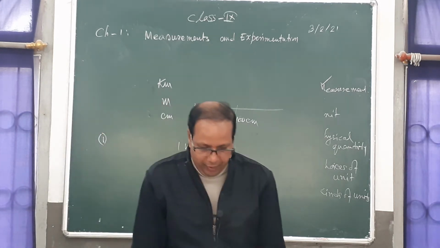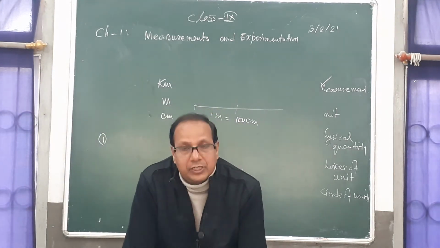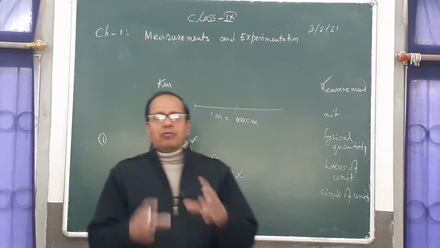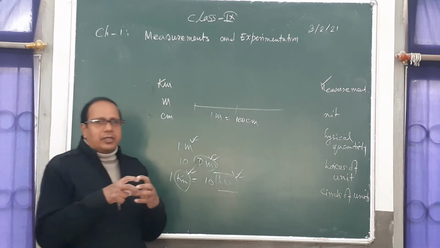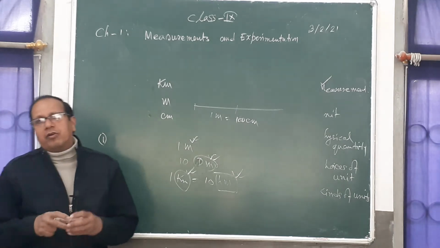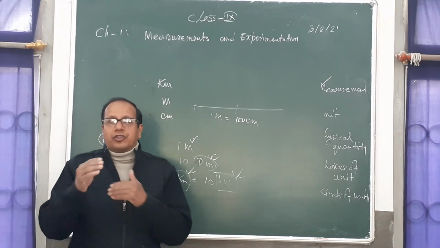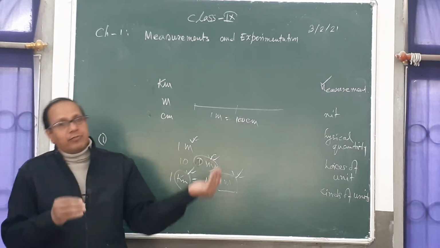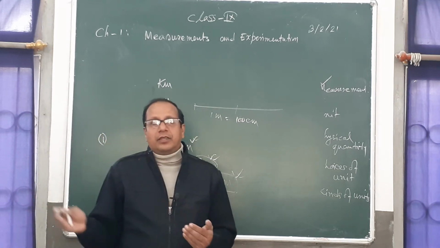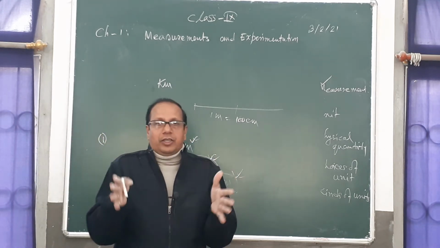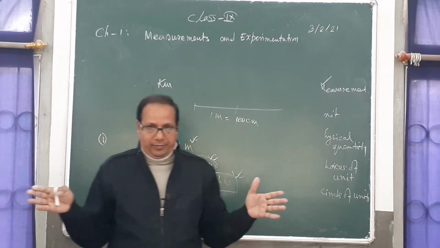Next one, the value of unit should not change. Means the value of a unit, like 1 meter or 1 kg or 1 second or 1 hour, should not change from time to time or from place to place. That means it will be fixed. It is constant forever.